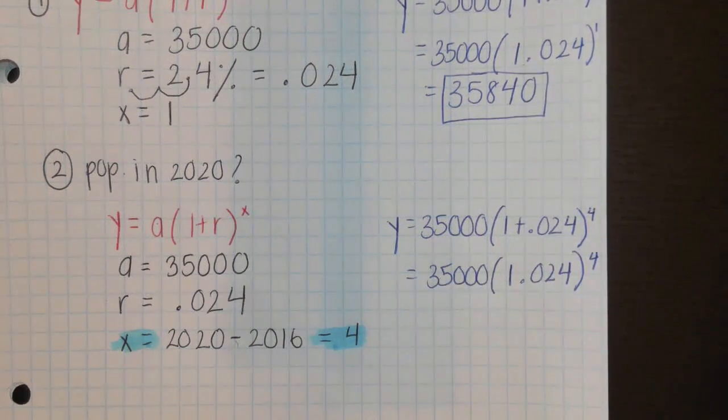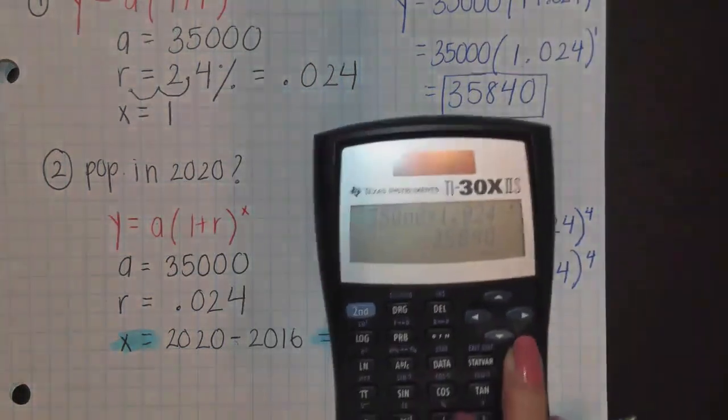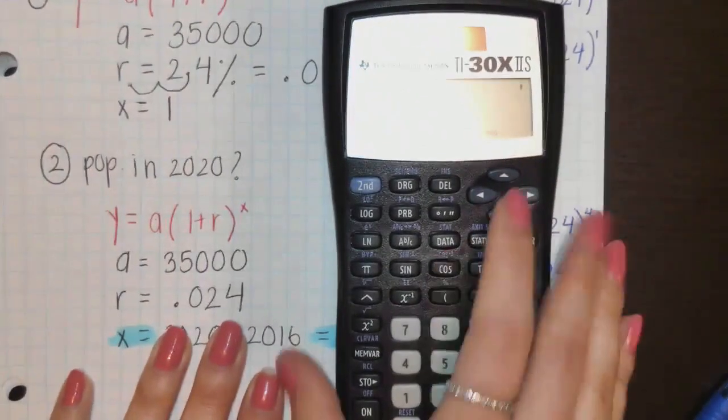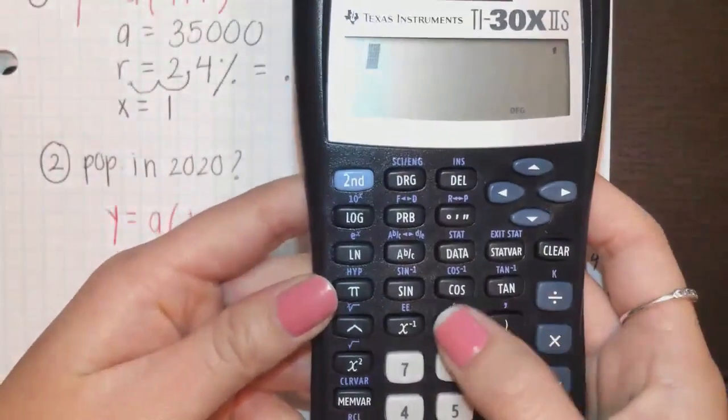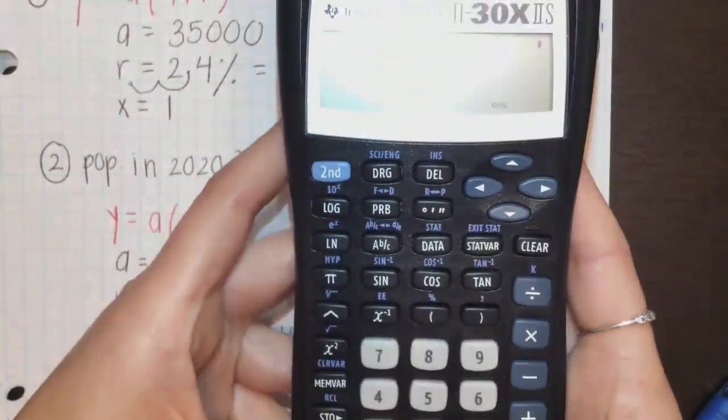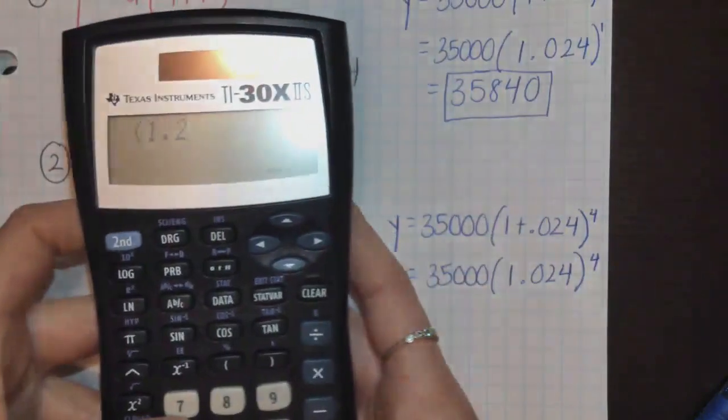Actually, I can do it here so that you can see. So again, you take 1.024, and raise it to the power of 4.